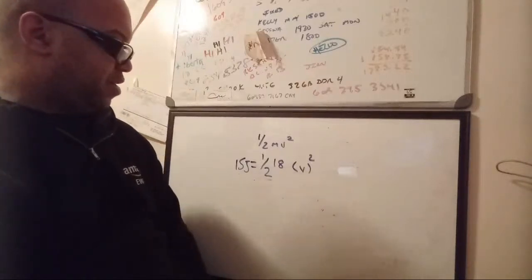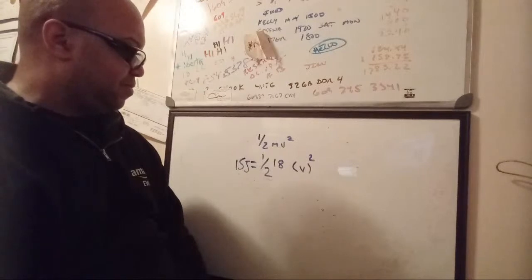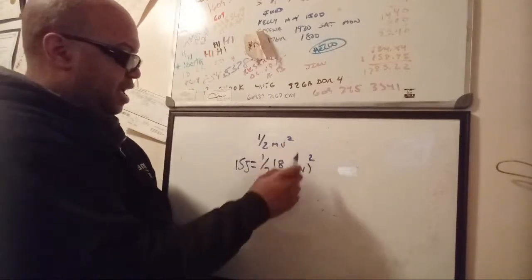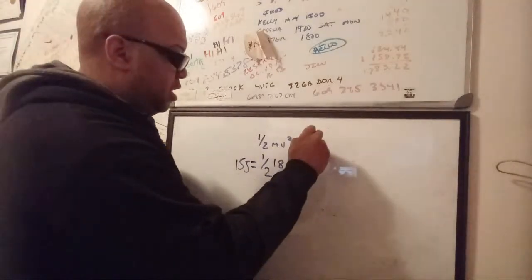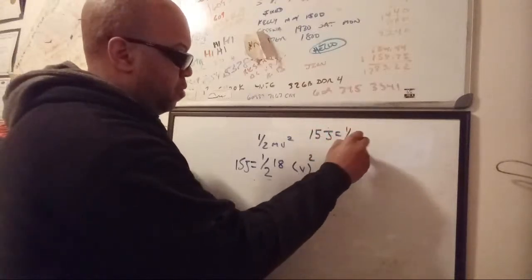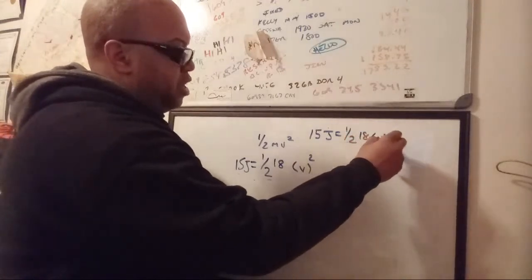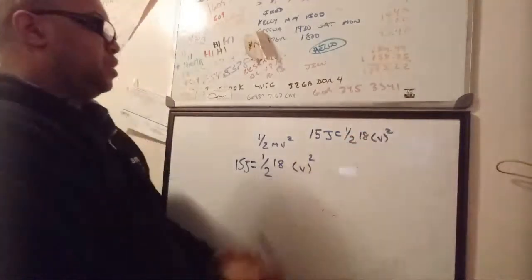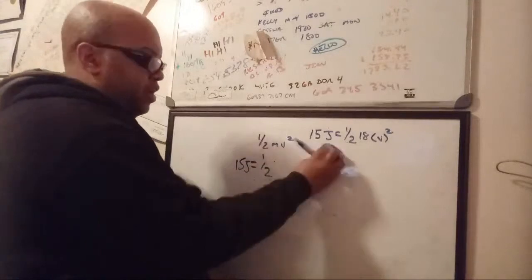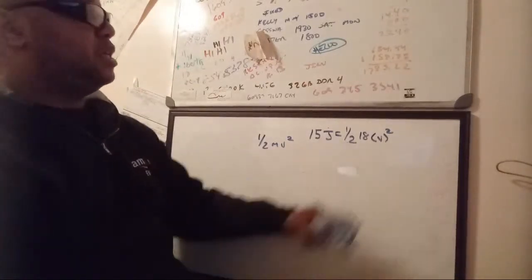So how do we get rid of all of this? This is a lot, isn't it? It is. I kind of have it in chicken scratch, so I'm going to clean it up. 1/2, 18, V is the unknown squared. So what is one way that I can get rid of this fraction?